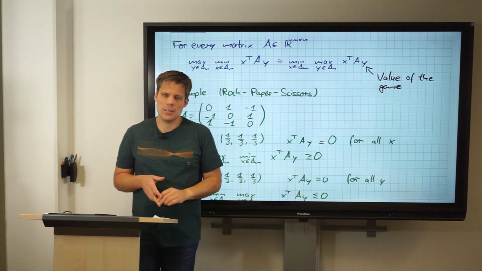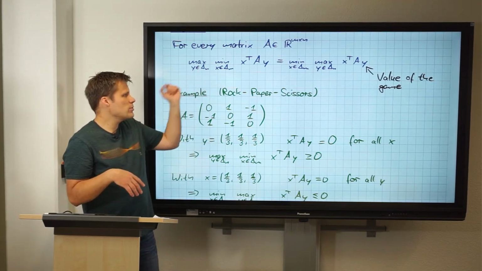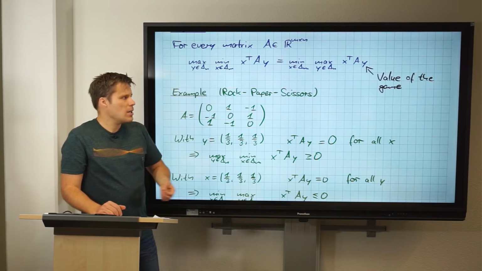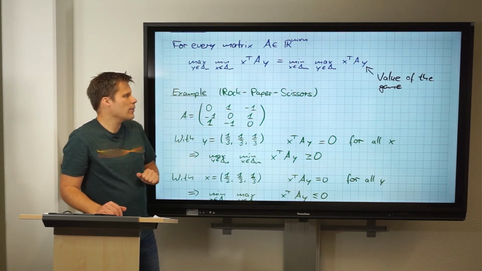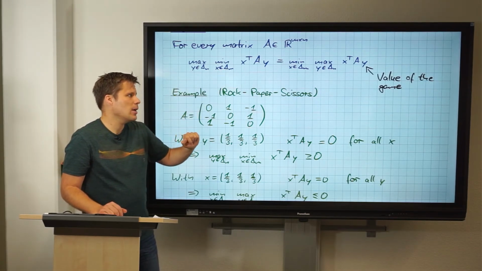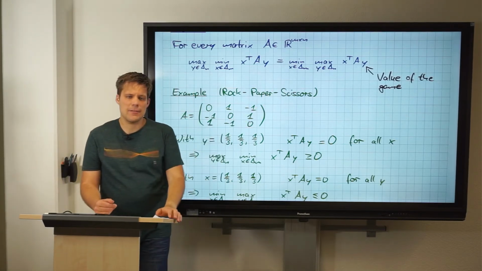Namely that if we think of ourselves as the column player, we can choose one fixed y such that for the row player, it doesn't actually matter that they see which y we are choosing, as opposed to us seeing which x they have chosen before.